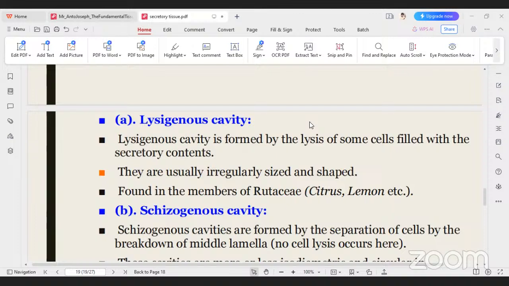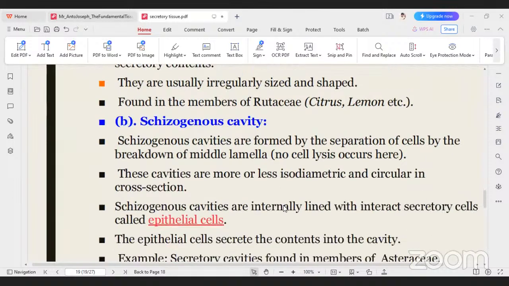Of course, brown structures. But when you press the pericarp, what is released? Watery substances, sir. Right, a strong-smelling liquid is released. So that is developed in lysigenous cavity.